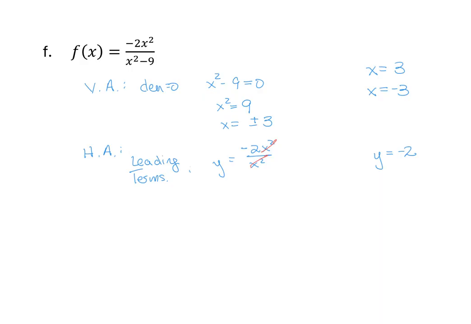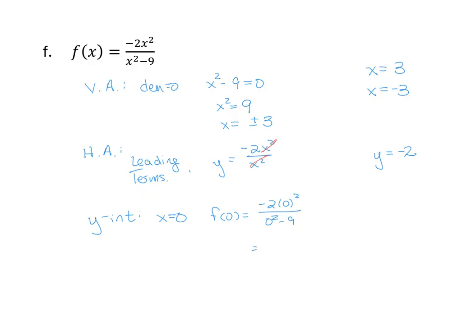All right, we want our y-intercept. We're going to let x be 0. If we plug in 0 for x, we are going to get negative 2 times 0 squared over 0 squared minus 9.